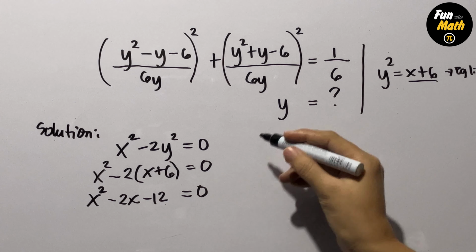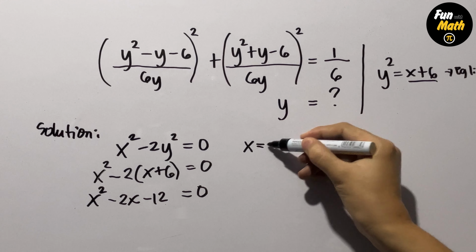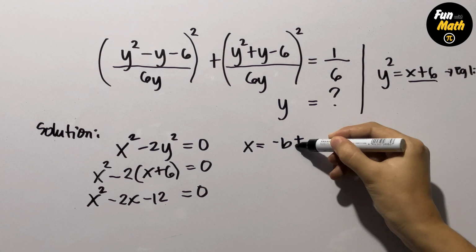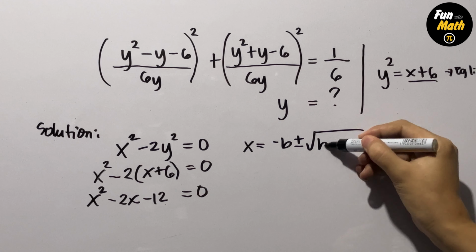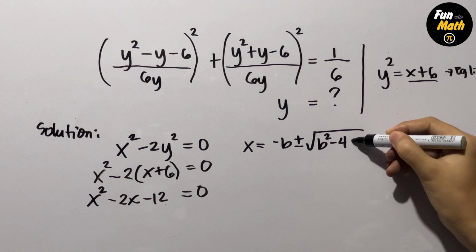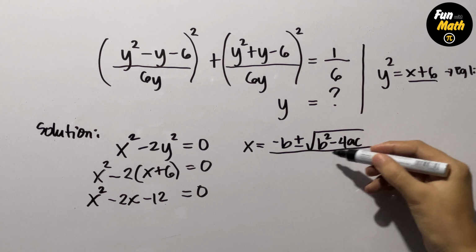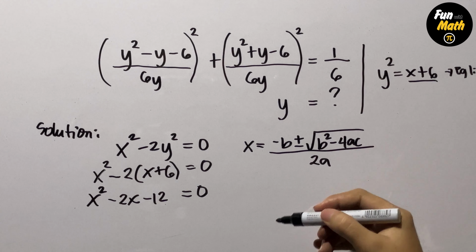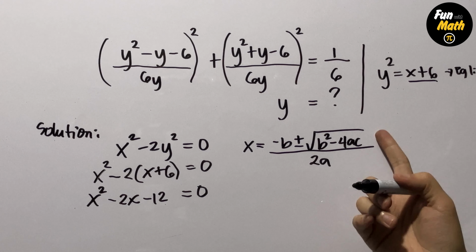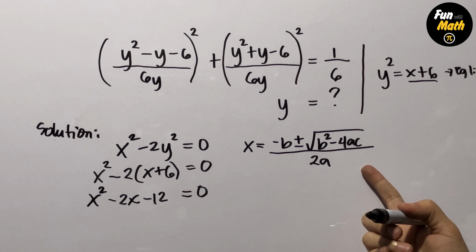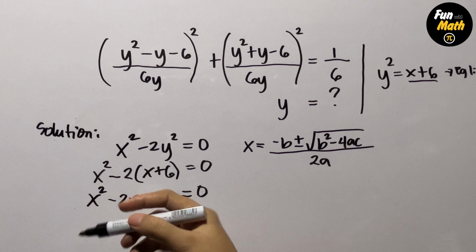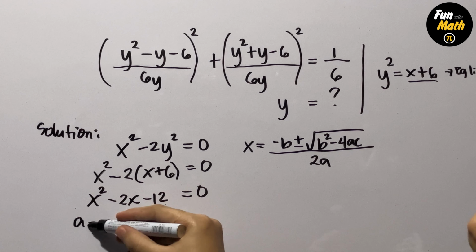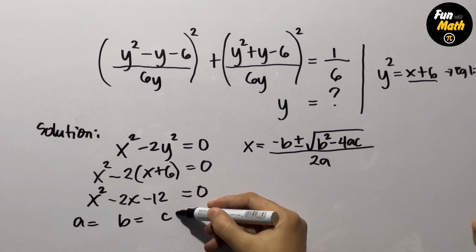The quadratic formula is x is equal to negative b, positive negative square root of b squared minus 4ac, all over 2a. But before we use this formula, it is essential to know the values of a, b, and c.